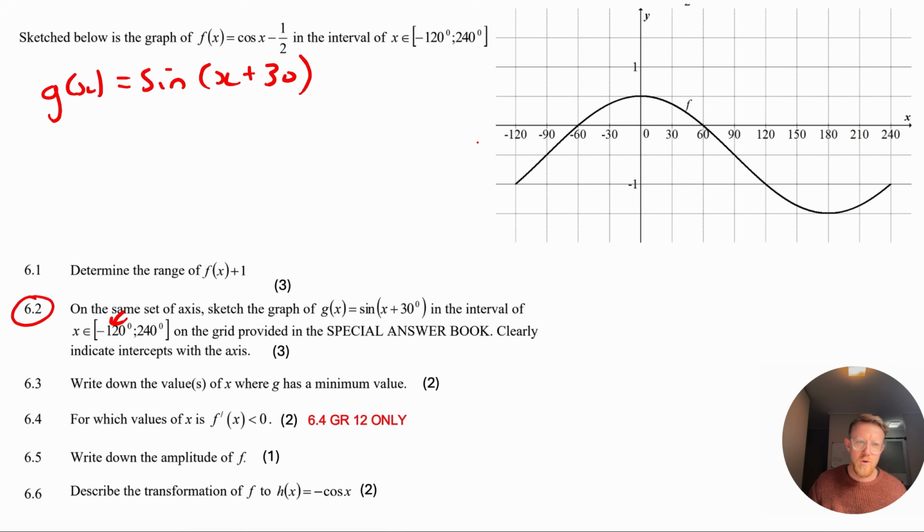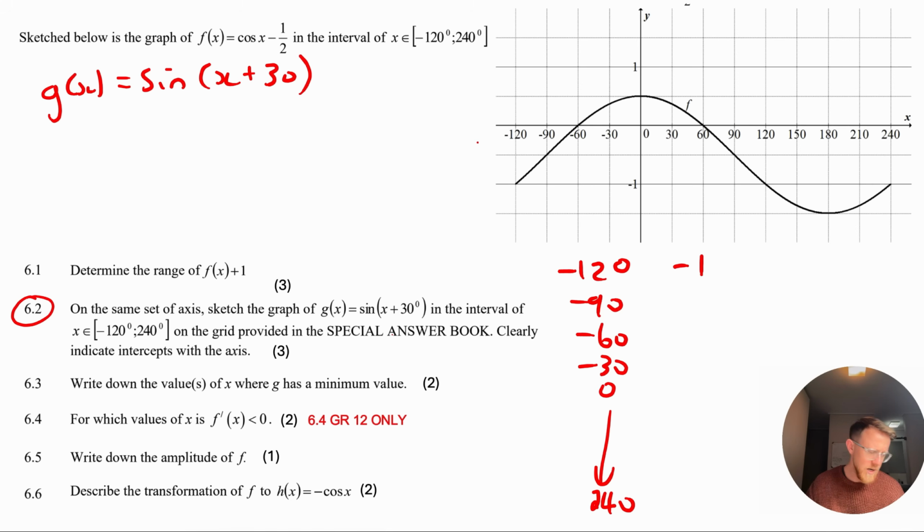If you've done this correctly, you should get x values of negative 120, negative 90, negative 60, and quite a lot of x values here, negative 30, all the way to 240. Now your y values, just to make sure we're on the same page, should be negative 1, negative 0.87 if you round, negative 0.5, 0, 0.5, and it goes on and on. Okay, so we're going to go plot all of those points now.